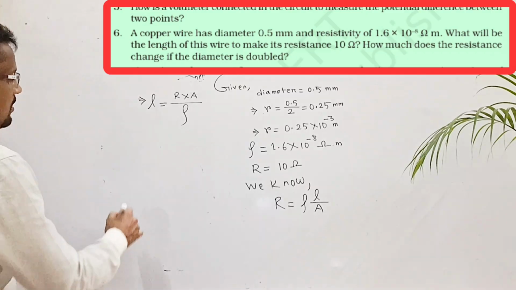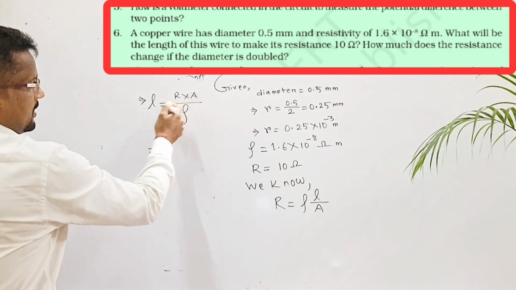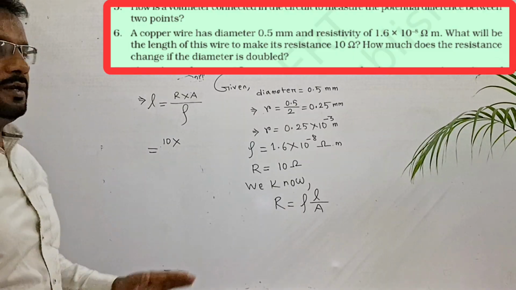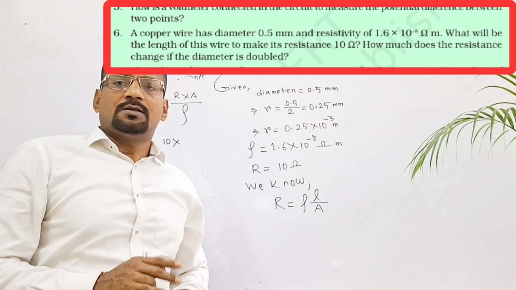Now you see, all these values are available. Resistance is 10, so it is 10 into A, the area of the cross section, which is circular, so it is pi r square.